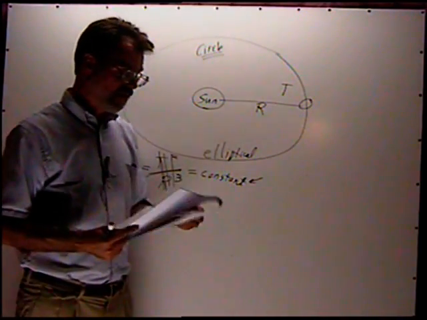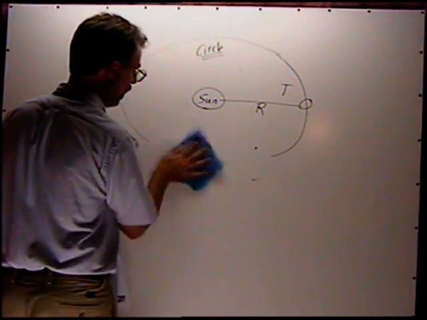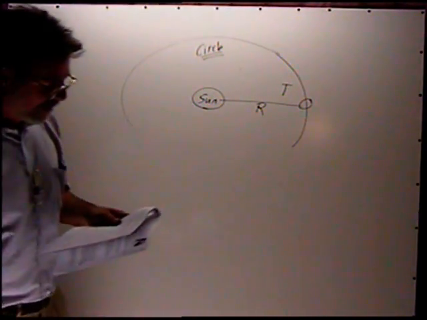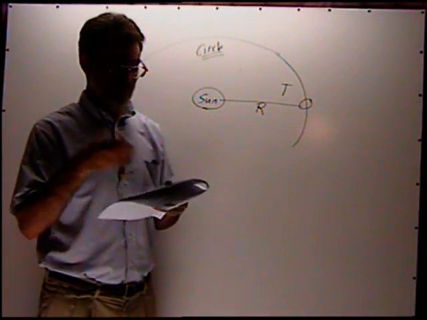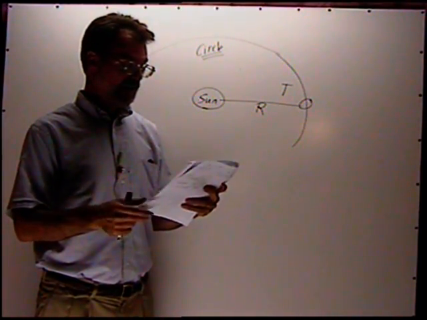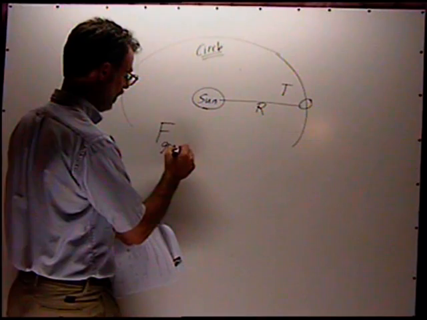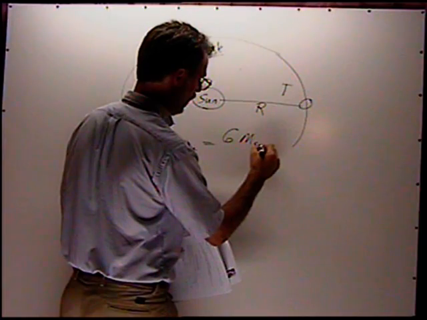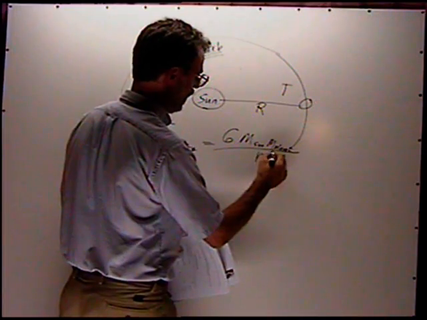Okay, now flip back to page 4, to problem number 1. And problem number 1 is this. Suppose you're Isaac Newton, and it's 1672, which means you're about 30 years old, and you have just derived the law of gravity, which is big G, mass of the sun, times the mass of the planet, divided by the radius squared.